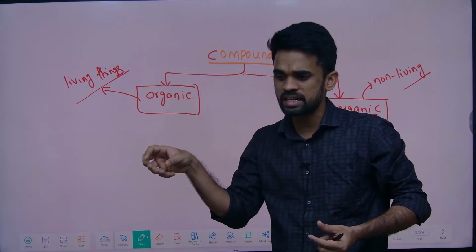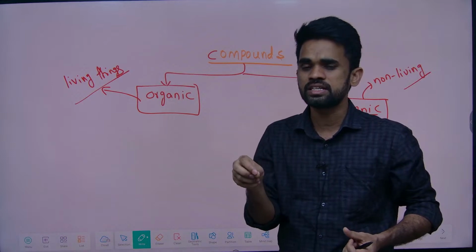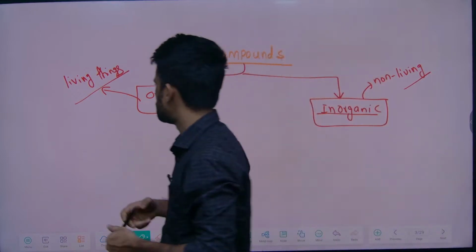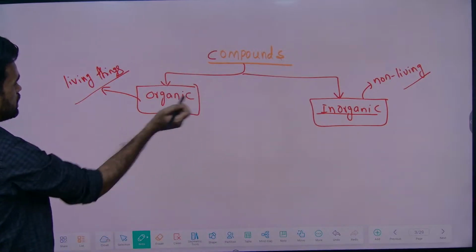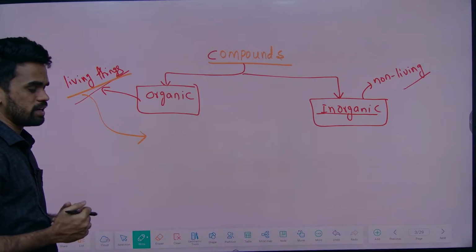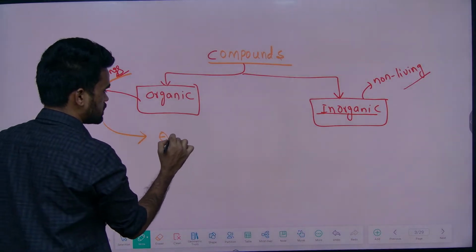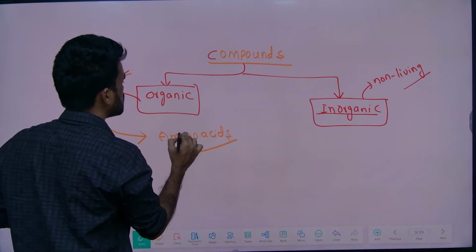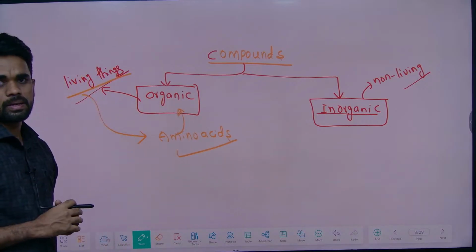If we are extracting them from living sources, then we can say it is organic. For example, amino acids or proteins are all considered organic compounds only.